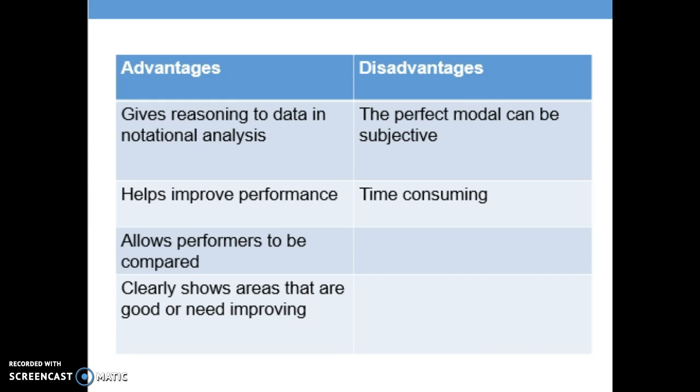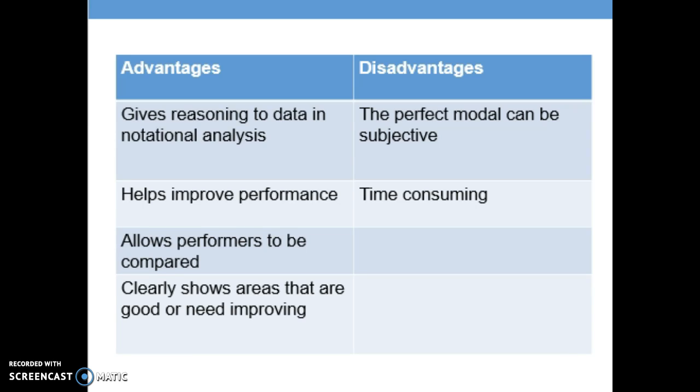So the advantages and disadvantages of the technical model: it gives reasoning to the data that you might have collected in notational analysis, so it gives more background and context rather than just numbers. It's more descriptive, so that leads on to it helping improve performance, as it can give actual specific points which need to be improved.